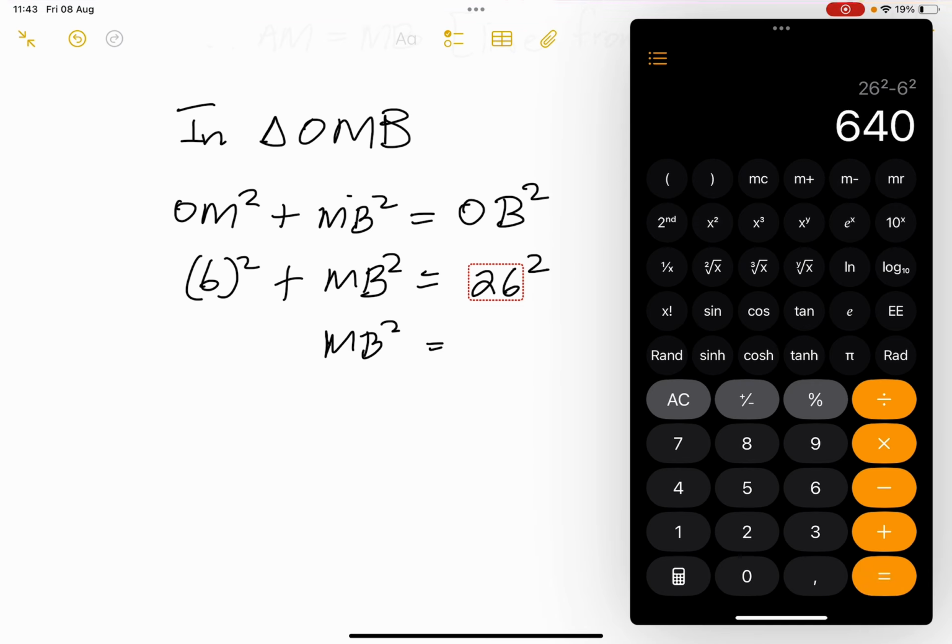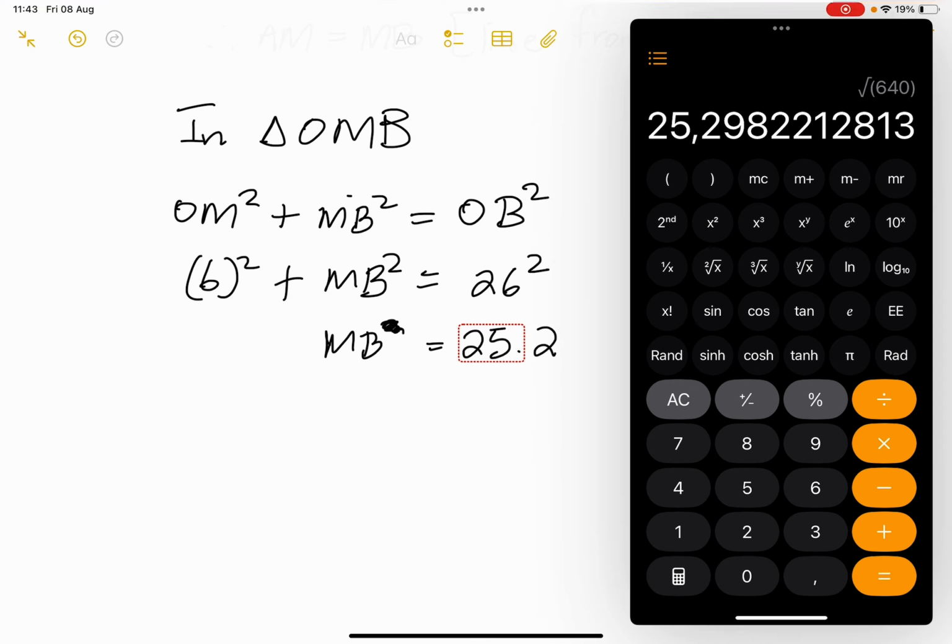And there we go, we've got 640, but we can take the square root of that. Remember we take the square root, so MB is equal to 25.3 millimeters.